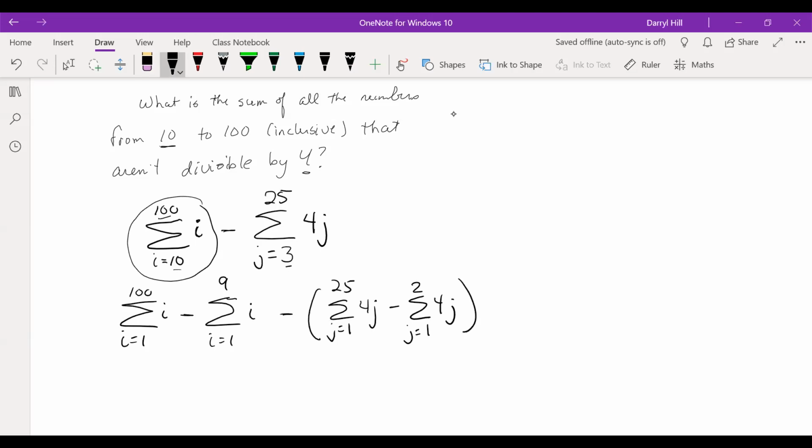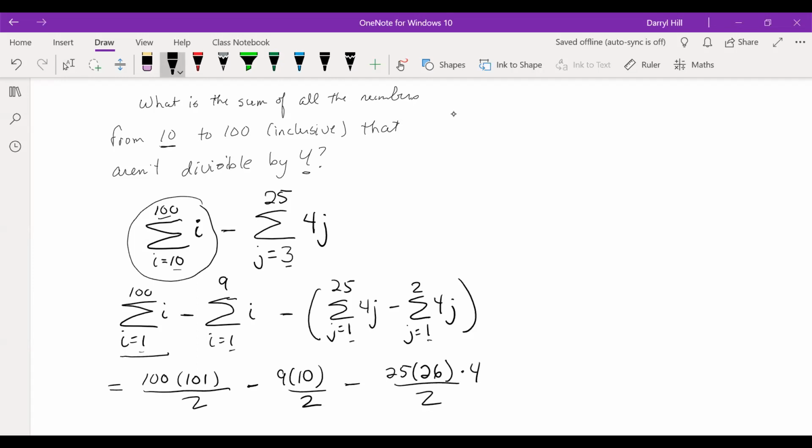And that's, in a sense, sometimes the easiest way to break it down, so that our initial term is always 1, and then we have that nice, easy closed form. So then, all right, we have 100 times 101 over 2, that's this term here, minus 9 times 10 over 2, minus 25 times 26 over 2 times 4.